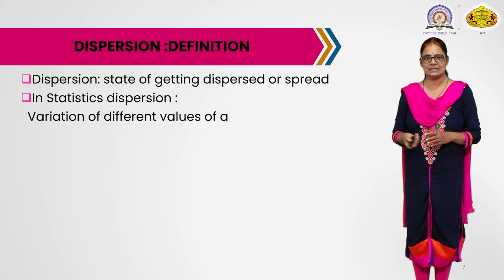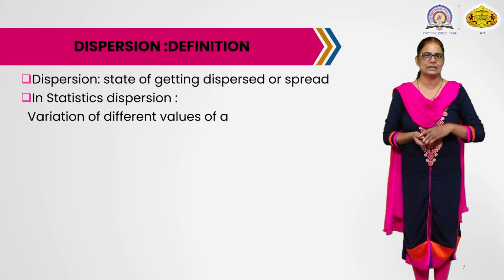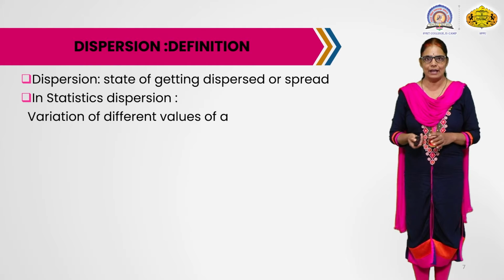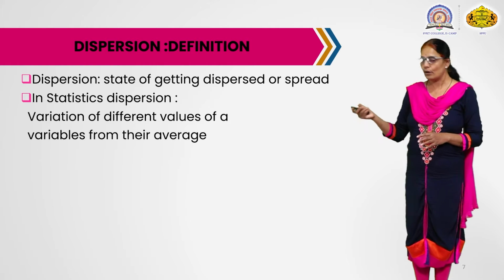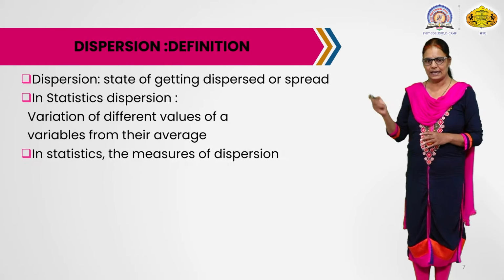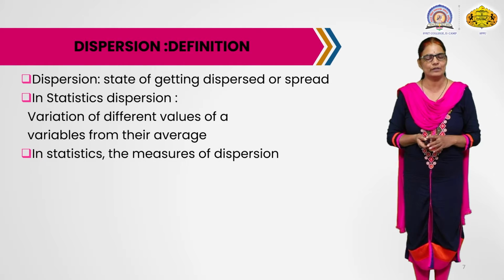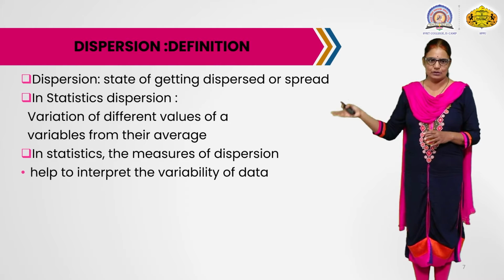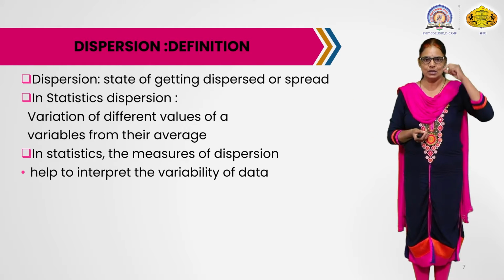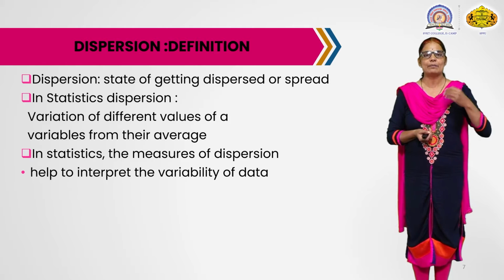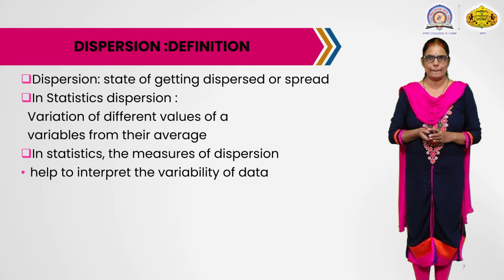In statistics, dispersion is nothing but the deviation or the variation of the different values of a variable from their average. From their average, we can take any type of average here, either mean, mode or median. So, in statistics, the measure of dispersion helps us to interpret the variability of the data.